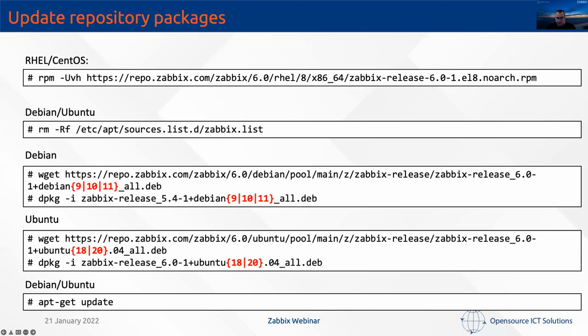Once that repository file is there, dpkg -i zabbix-release. And on Ubuntu, it's just the same thing, but then we are talking about Ubuntu instead of Debian. Once done, apt-get update. Should take a few seconds, but then it's finished.